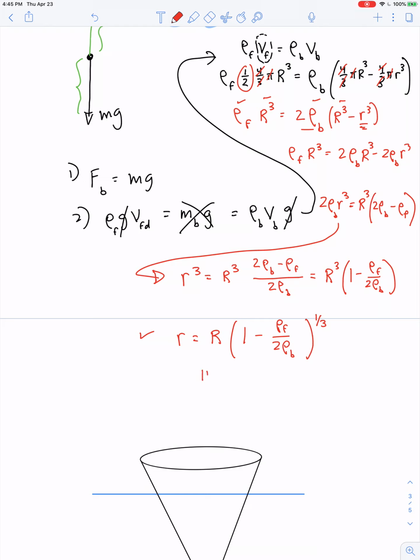This would be 110 centimeters multiplied by 1 minus the fluid density is 1,025, over 2 times 7,900, and all this we take as a cube root. Grab your calculators, see what you get.